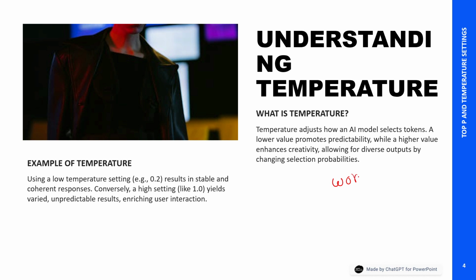Suppose there are three words: word 1, word 2, and word 3, right? And you have written some word. Your GPT is generating some word. This word has been generated, and now GPT is searching for the next word among these three words. I have taken these three words, for example. There are billions and millions of words after this word.